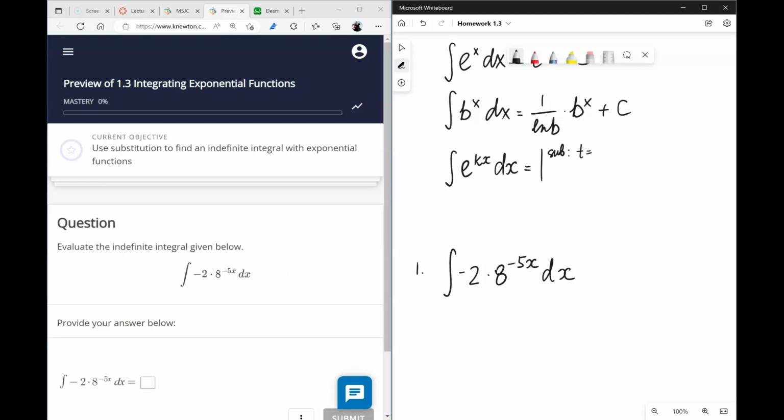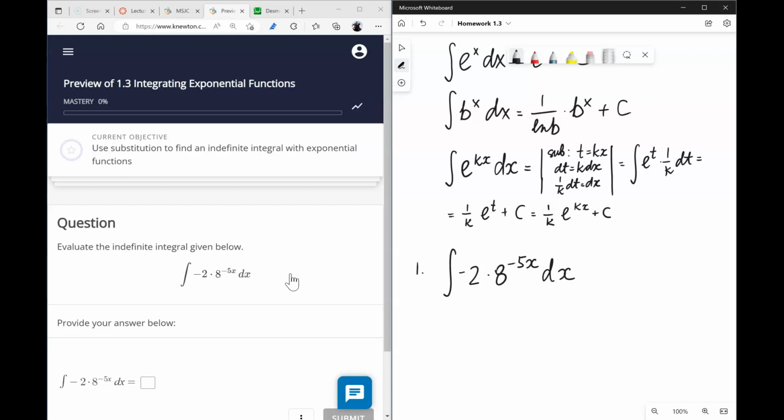Let's say t is equal to kx, and then dt is equal to k dx, and therefore 1 over k dt is dx. So the integral becomes the integral of e to the t times 1 over k dt. When you integrate it, you end up with 1 over k outside of the integral, then e to the t plus c, but t is kx.